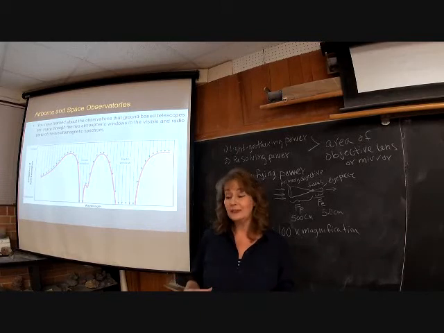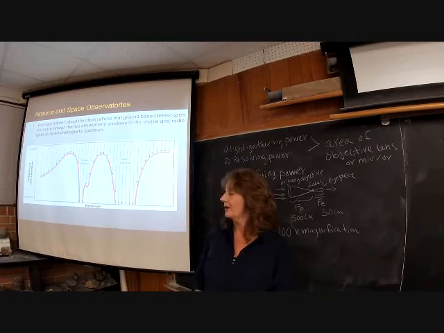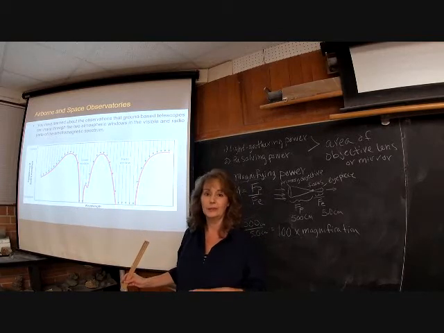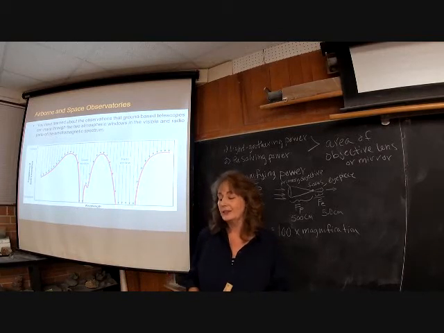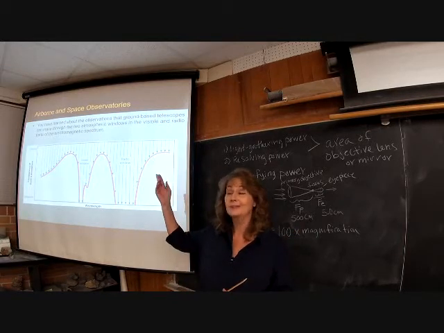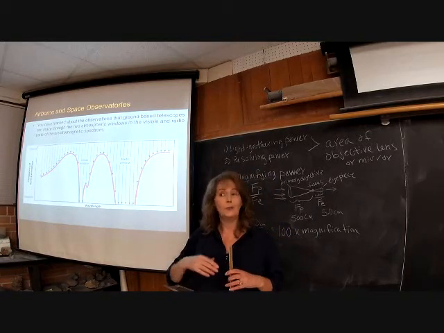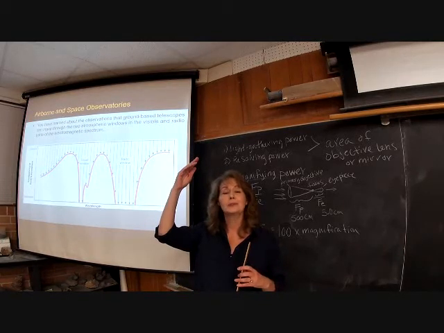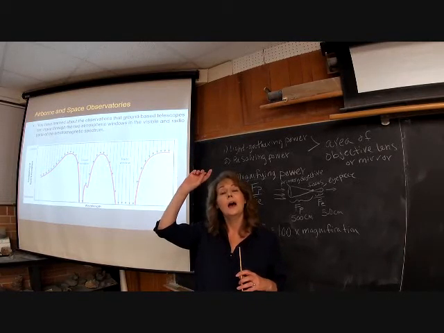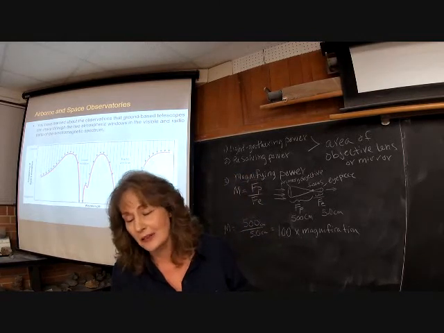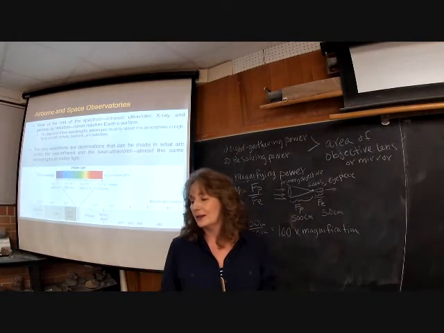So we take advantage here on Earth of the visible light and the radio wavelengths. And for the others, we've got to go airborne, way up high near the stratosphere, above the troposphere where all the weather happens. Or let's get into space for these, so the space observatories as well.